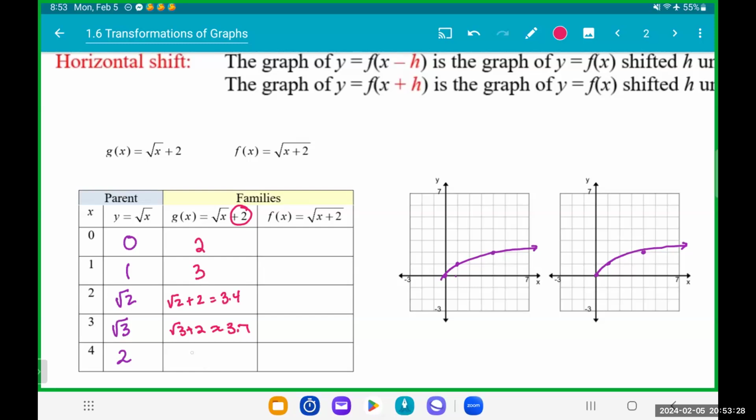And 2 plus 2 is 4. So we can plot that. We have 0, 2. We have 1, 3. We have 2, 4. You notice every single point was shifted up 2 units.